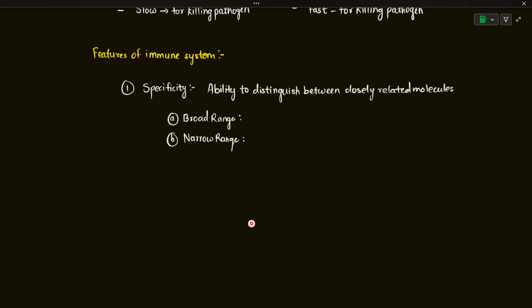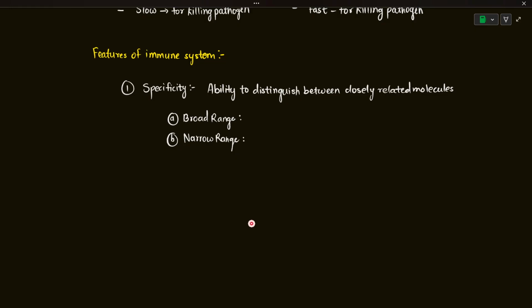So antibodies have narrow range specificity. Even if you change a small part of the protein of the antigen, the antibody will not be able to recognize it. So this type of specificity is known as narrow range specificity. We will be discussing this when we discuss antibody structure and how an antibody is able to recognize the antigens.